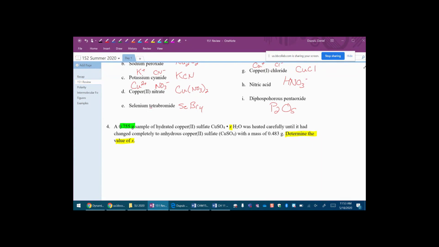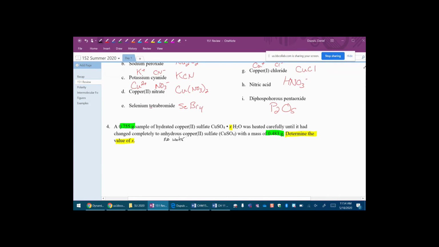And it was heated until it had changed completely to anhydrous copper 2 sulfate. All right, what does anhydrous mean? No water. What's the value of X?